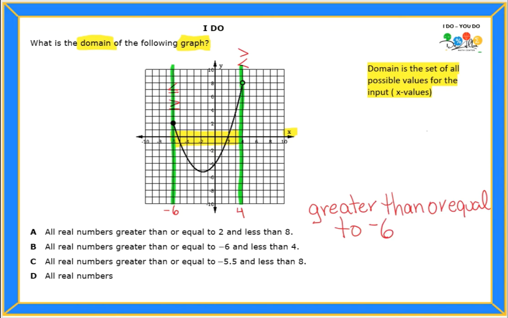So all my points are to the right of -6, therefore it's greater than or equal to -6, but they're to the left of +4, so they're going to be less than +4. Do you see where the yellow line section is? So my answer for that should be letter B.